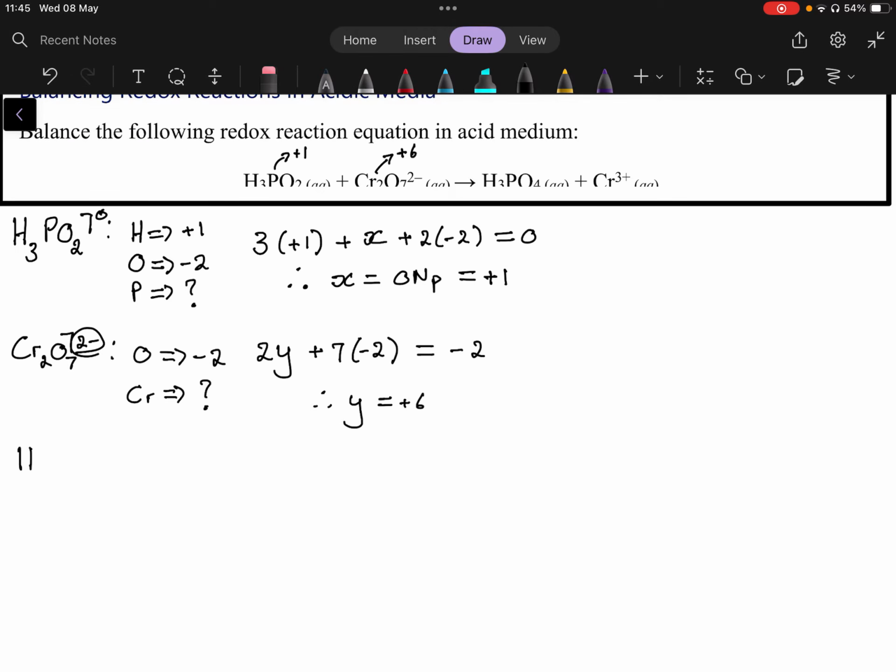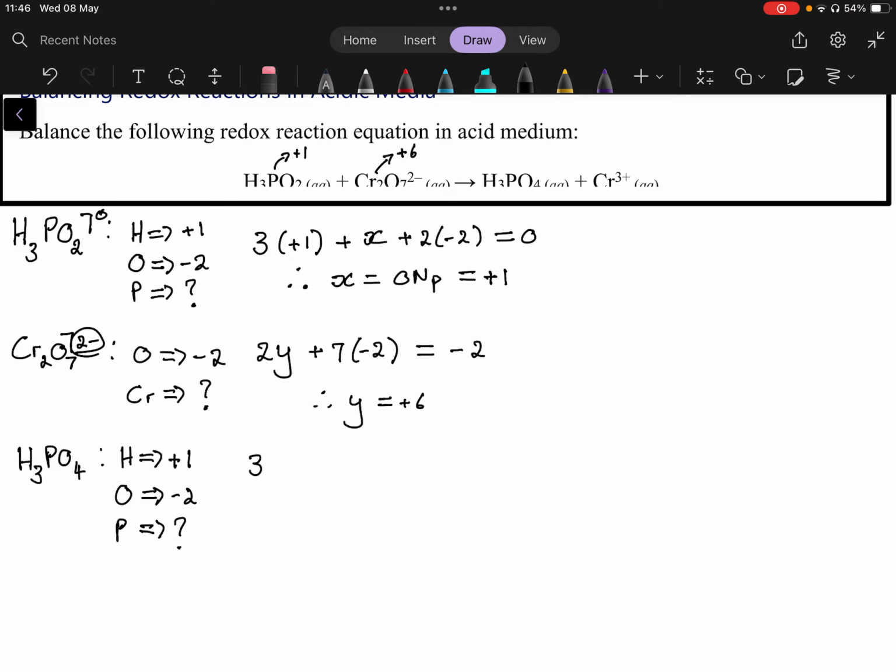The product side, H3PO4, again a neutral species. We know hydrogen's oxidation number is +1. We know oxygen's oxidation number is -2. And we want to determine phosphorus.